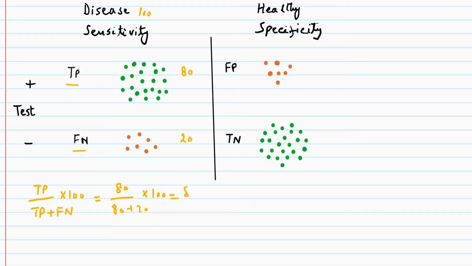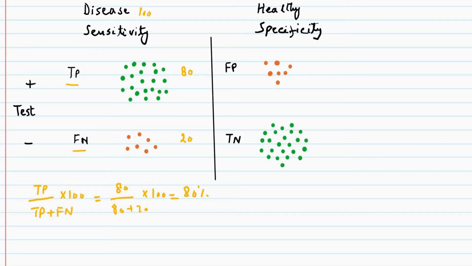So our new test has the ability to correctly identify 80% of people with disease. We can see the sensitivity of a test deals only with people who have disease. It doesn't deal with people who are healthy, or it doesn't deal with the whole group.